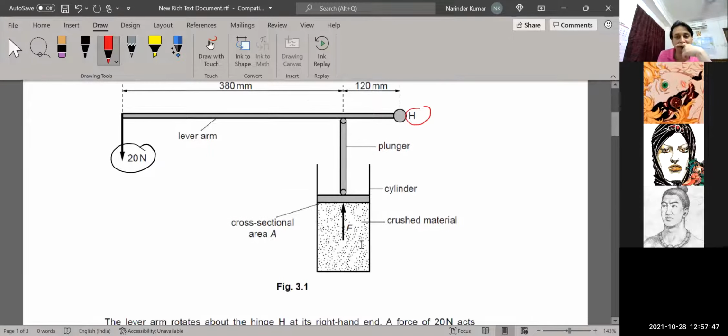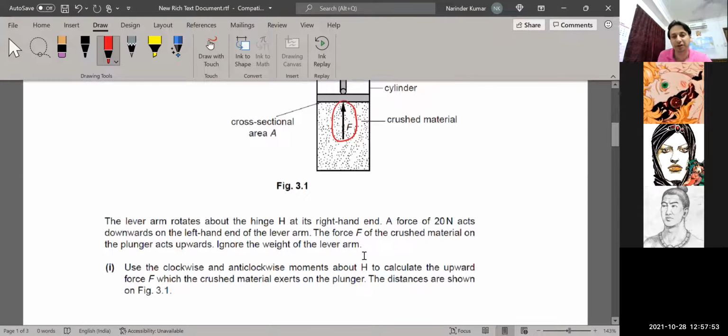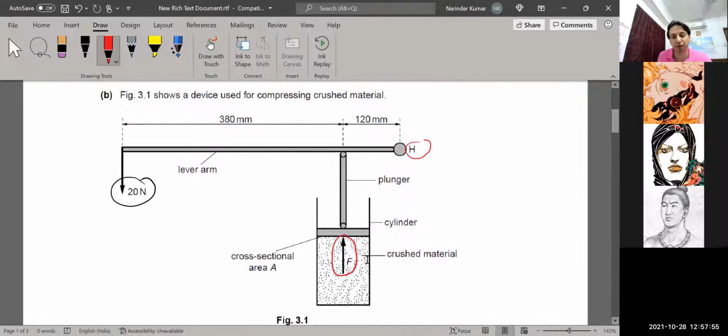So here, we need to calculate this force. How much force is this acting? And so if this force is acting, I can make it that this is basically acting here in the upward direction. Okay, so you have to calculate this force. To calculate this force, what should I do?